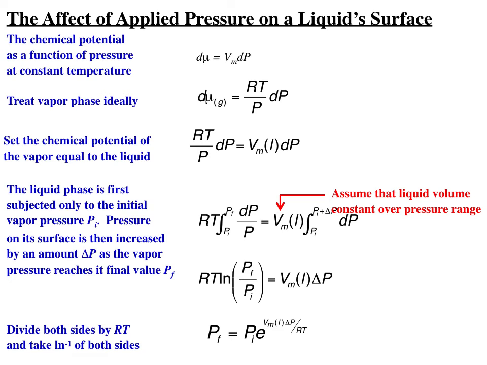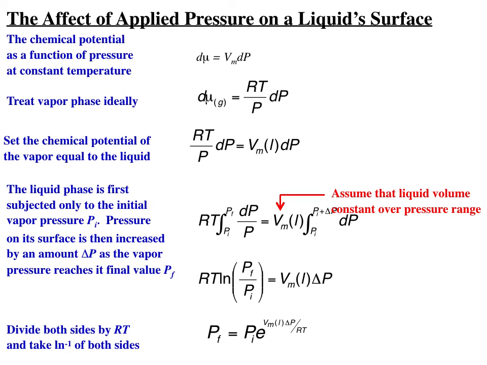Well, then I can just state by multiplying both sides by dP that at constant temperature, dμ is Vm dP. Then I can use the ideal gas formula for Vm for the vapor that I have present, and Vm is RT over P, so dμ of the gas is RT over P times dP.